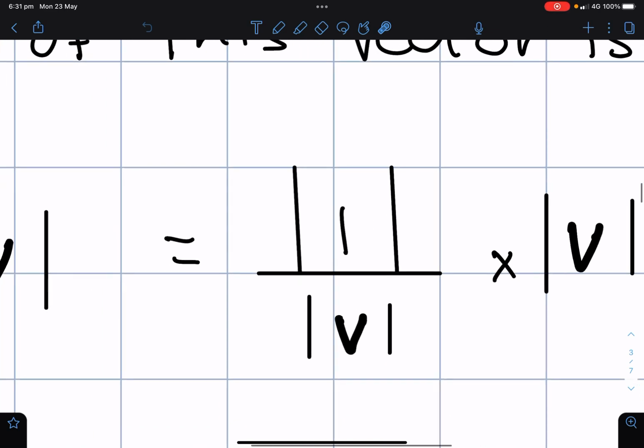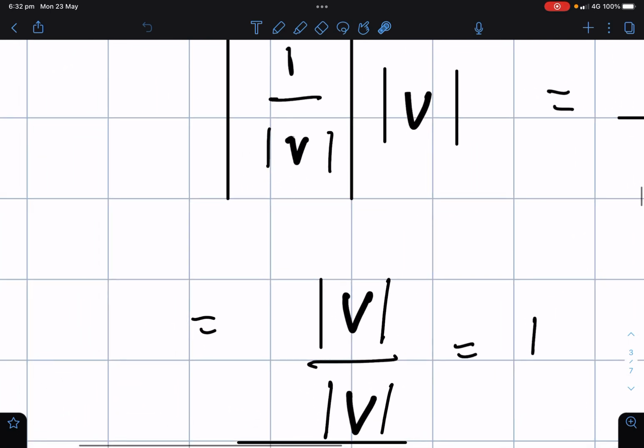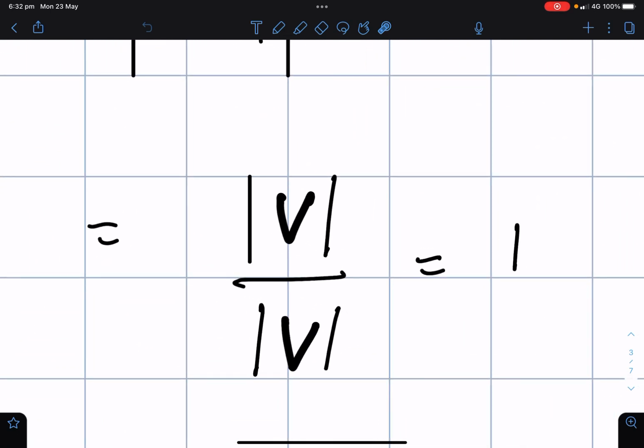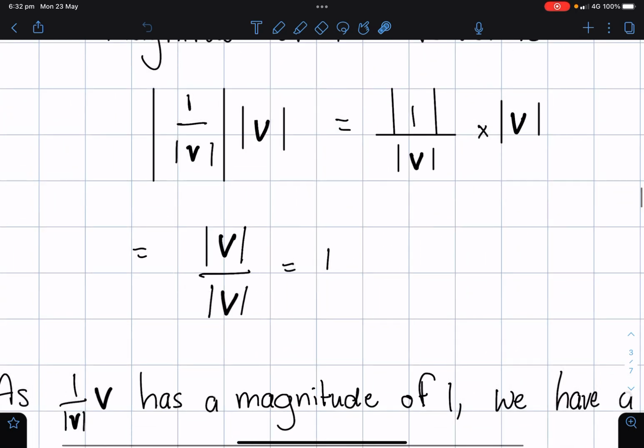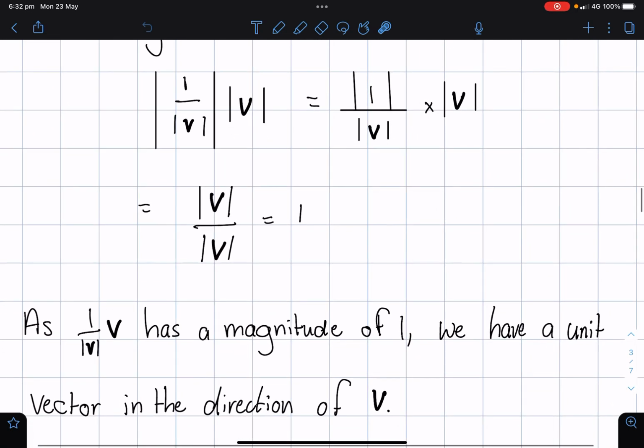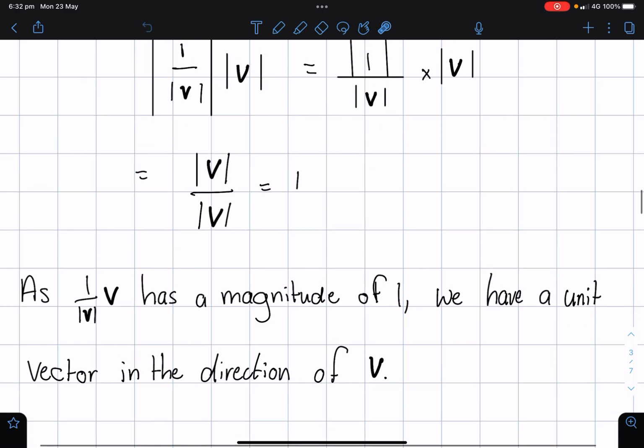Multiplying our fractions, numerator to numerator, denominator to denominator, and just remember the modulus of 1 is in fact 1. That brings us to this result: the magnitude of v divided by the magnitude of v is equal to 1. So as 1 divided by the magnitude of v multiplied by vector v has a magnitude of 1, we have a unit vector in the direction of vector v, and it will be parallel.